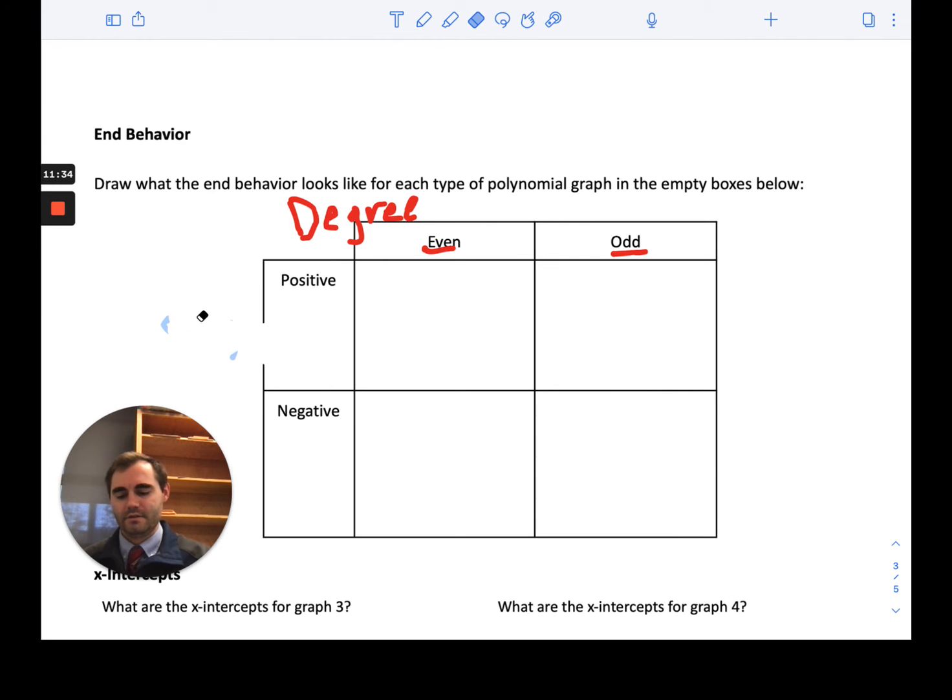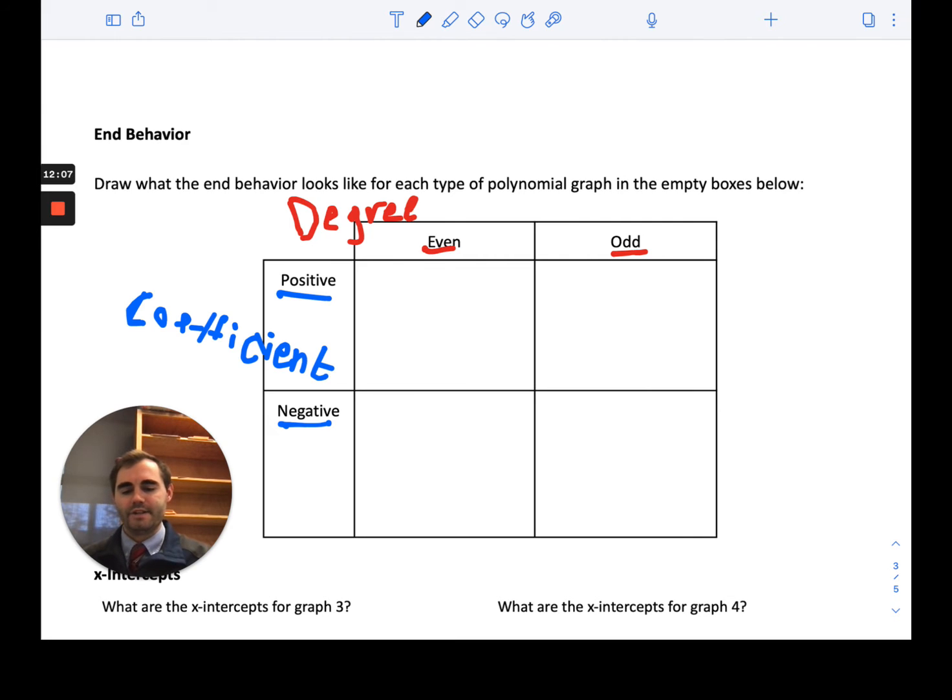Okay, let's try this again. I might just have to write slower. There we go. Coefficient, okay? So either it's positive, so there's no negative sign out in front, or there's a negative sign out in front, right?